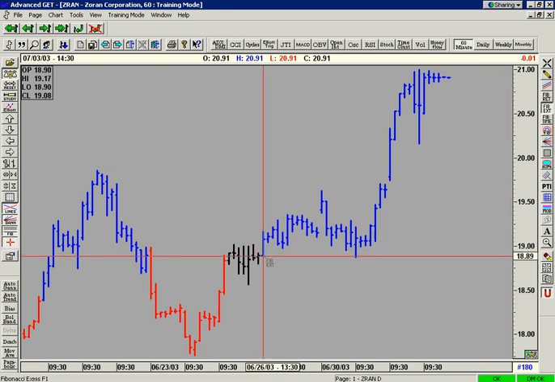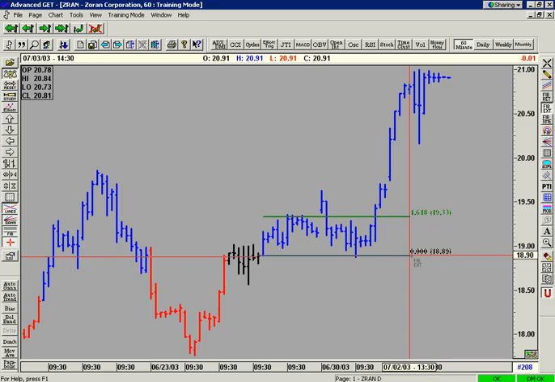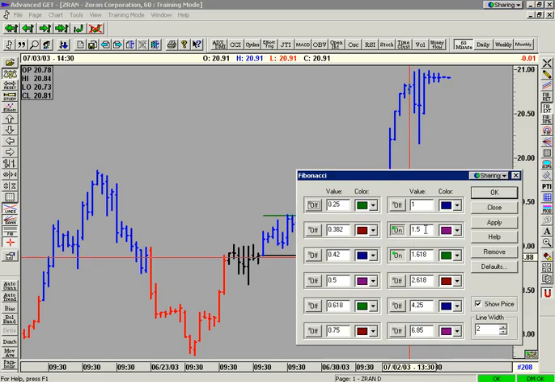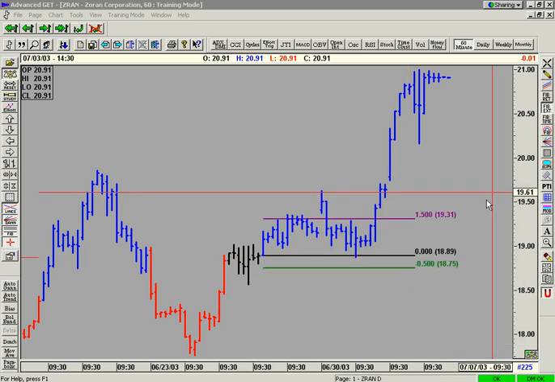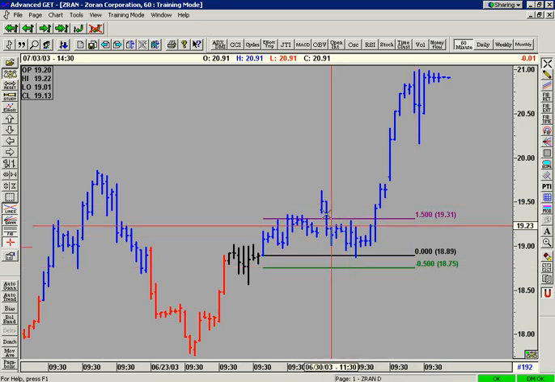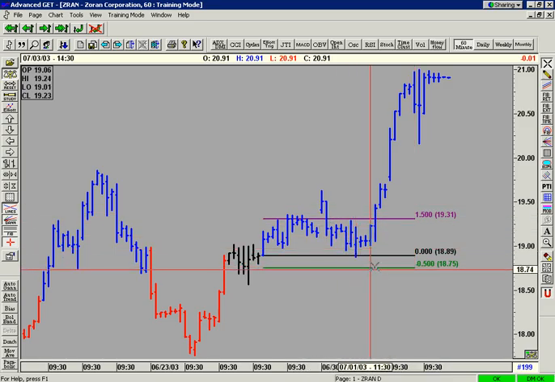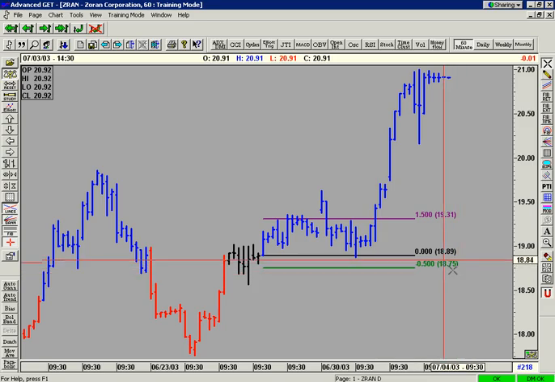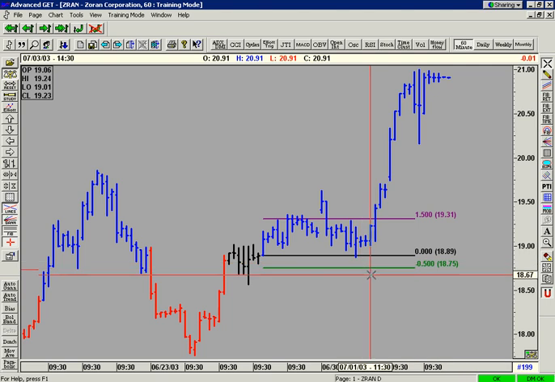Okay, again, the stop when you first are entering into the trade, I'll go ahead and draw in my trigger mechanisms here again, using the 1.5 and the negative 0.5. And this negative 0.5 line is your stop until you become profitable in the trade. So if this market right in here would have continued in the downward direction and gone below $18.75, that would have been my stop, and I would have exited the trade at that point, taking a small loss.